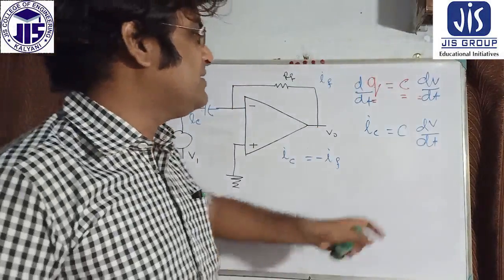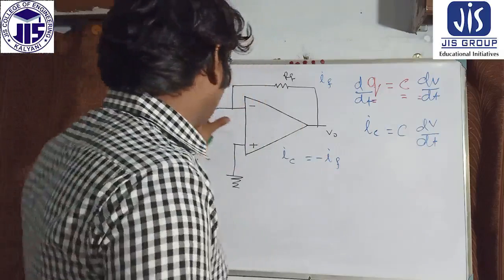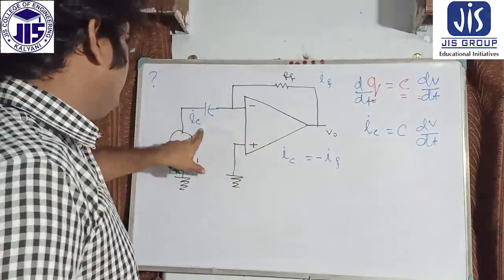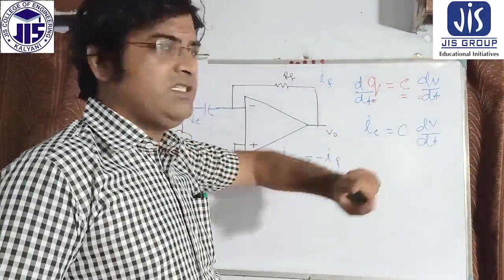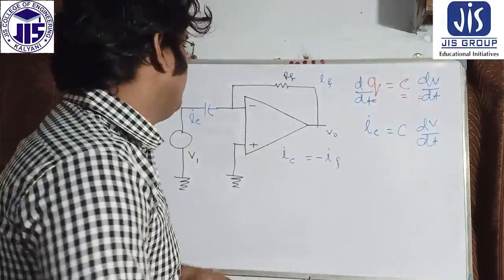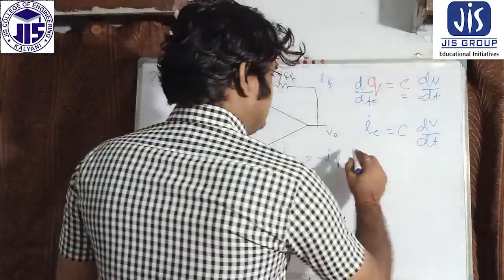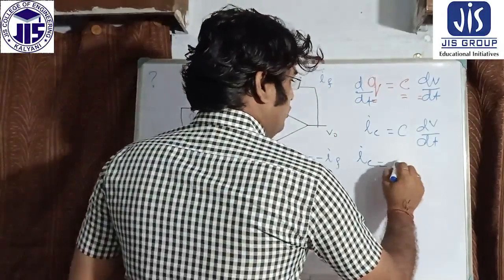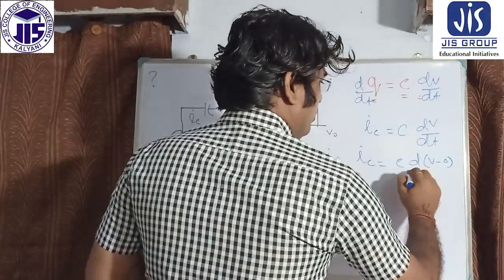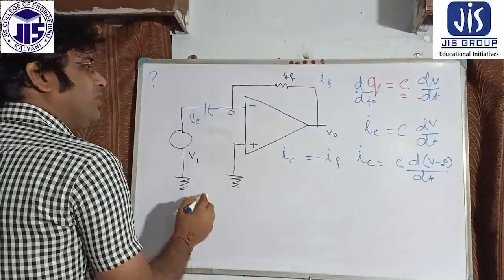What is this V? This V means the voltage inside the capacitance. So IC equals C dv/dt, very good. And what is the value of this V? IC equals C d(V1 minus 0)/dt. Why 0? Because this is the virtual ground, that is 0.